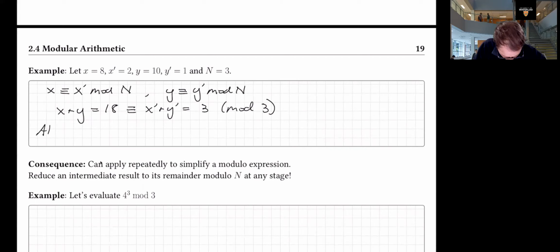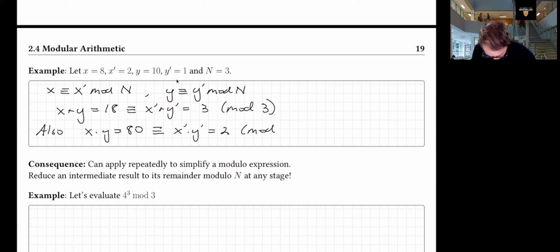Also, x times y, which is 80, is equivalent to x prime times y prime, which equals 2, modulo 3. They both have a remainder of 2 in this case.